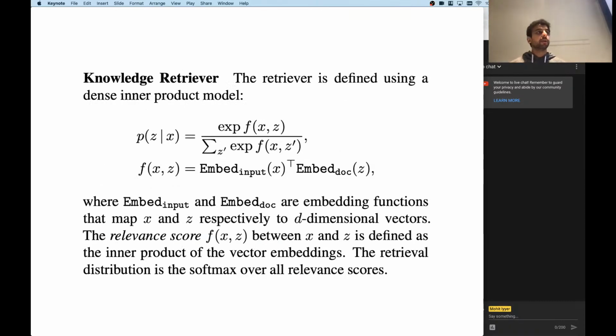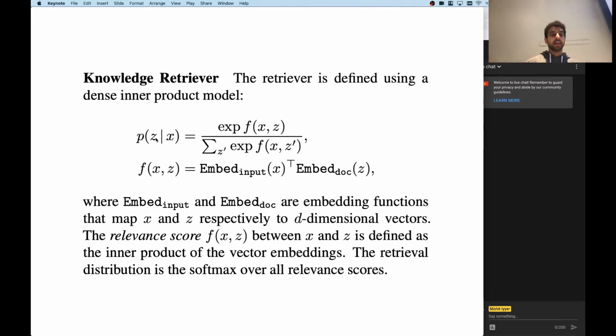How do we actually model that? Like I explained briefly before, we model this using a very simple inner product. We just need a way to get a vector for X and a vector for Z, and then we take the dot product, and that's our score, which we normalize by all of the scores in the data set.